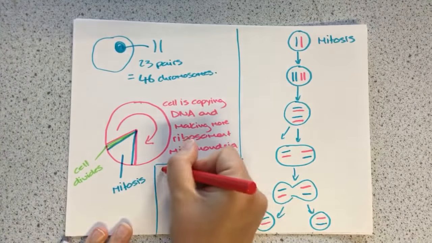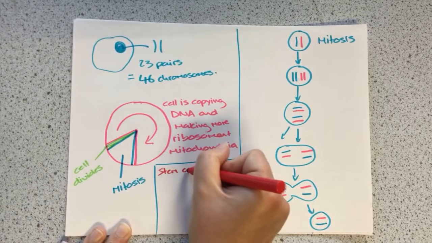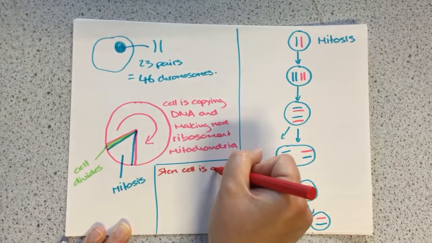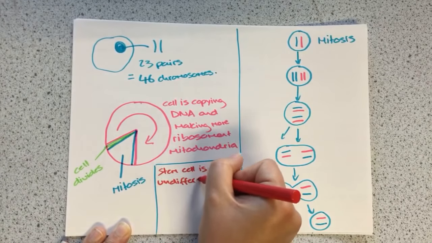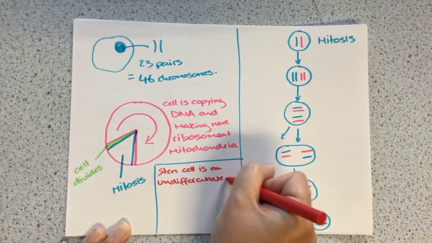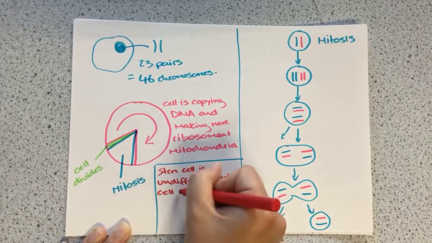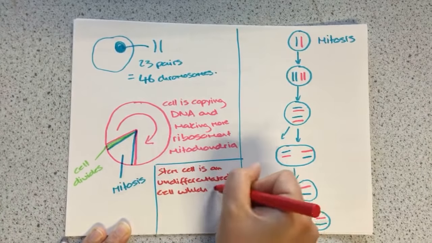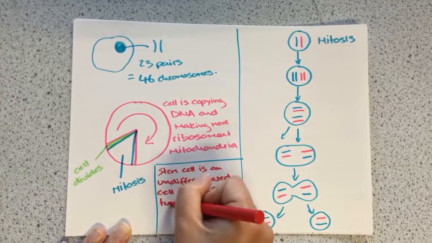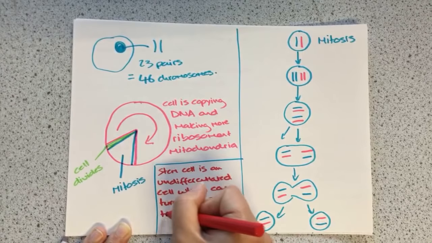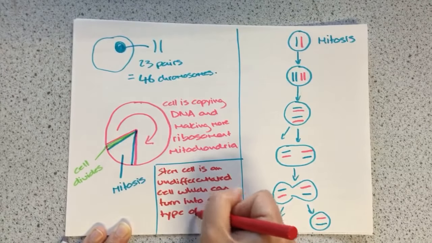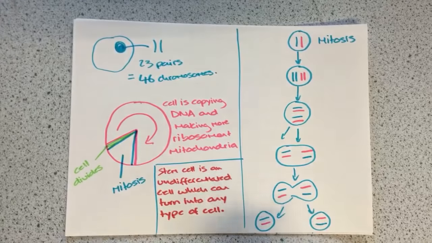A stem cell is an undifferentiated cell which can turn into any type of cell. Okay, so stem cells in humans usually differentiate at a very early stage of development.